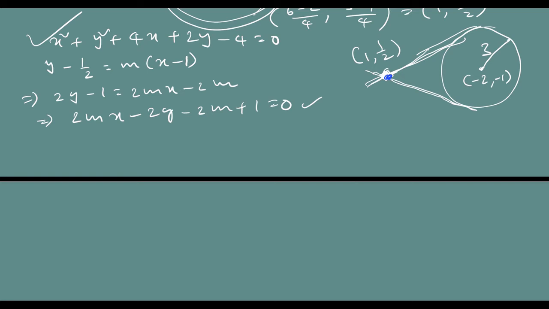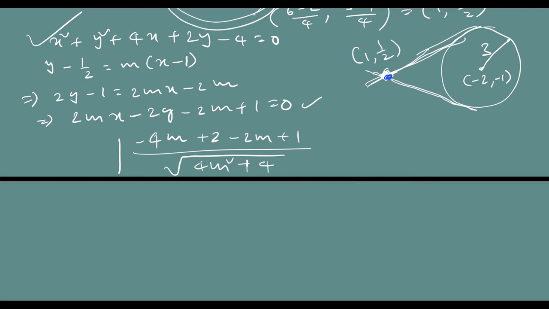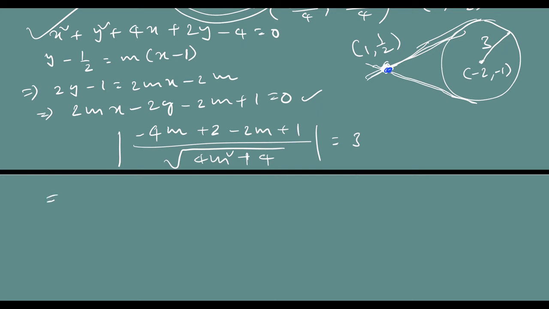I get mod of minus 4m plus 2 minus 2m plus 1 by root of a square plus b square, 4m square plus 4 is equal to radius. So from this, what am I getting?